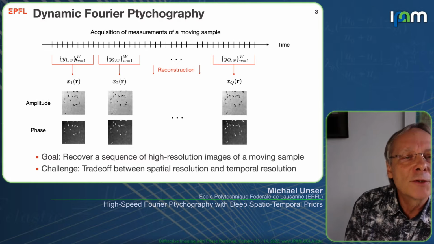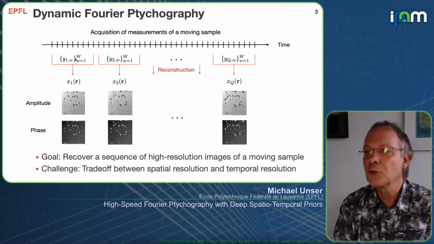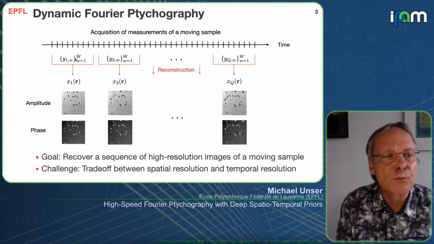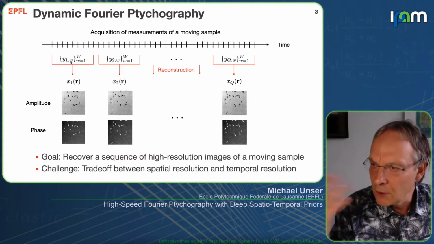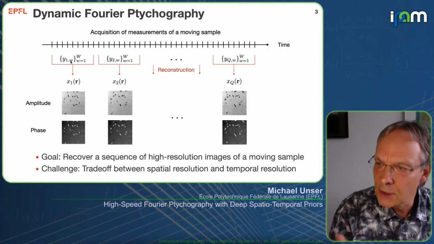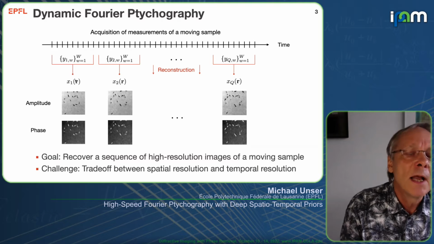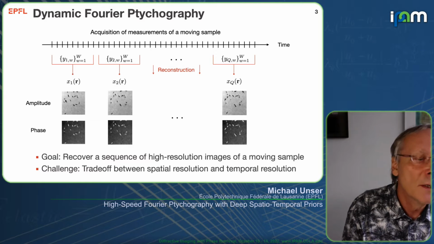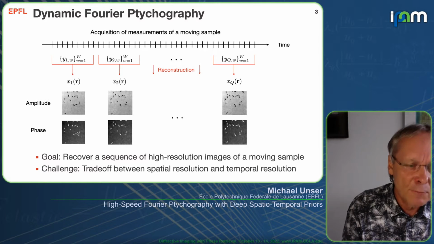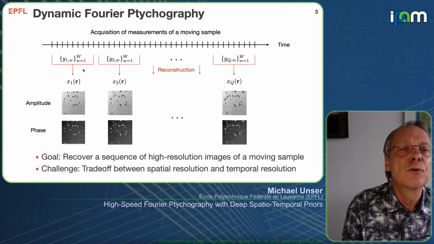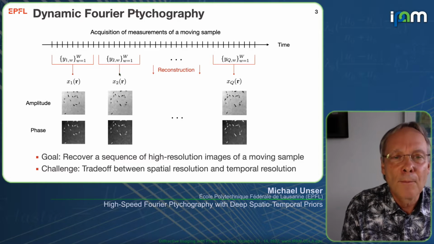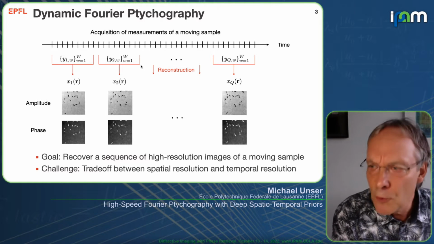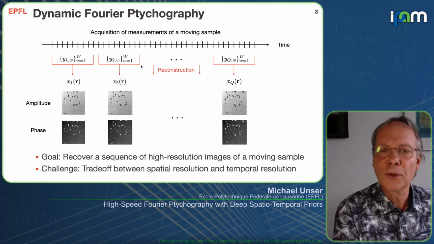Then, based on all those low resolution measurements, you solve your inverse problem, which is nonlinear because there's this square at the output, and you retrieve the amplitude and phase image. You do that for every batch of W low resolution images.